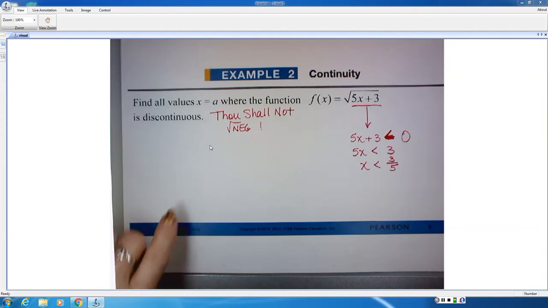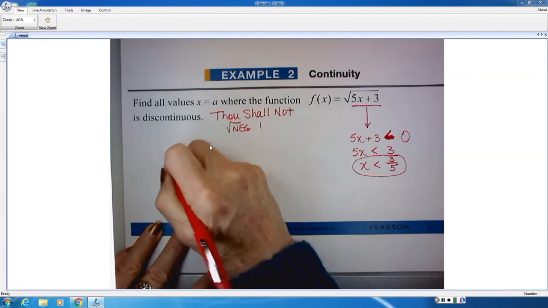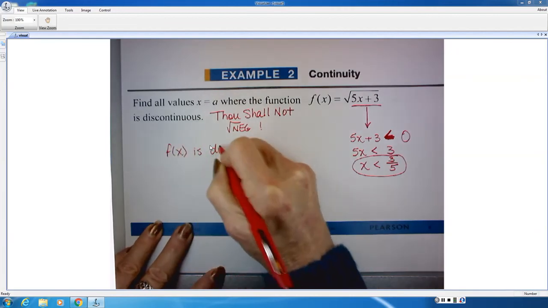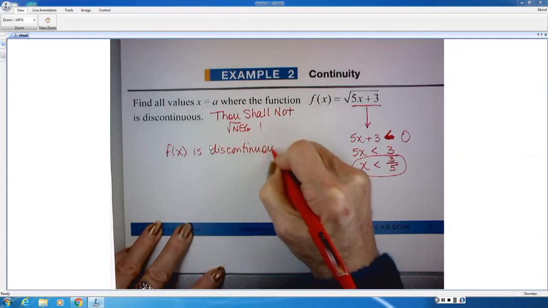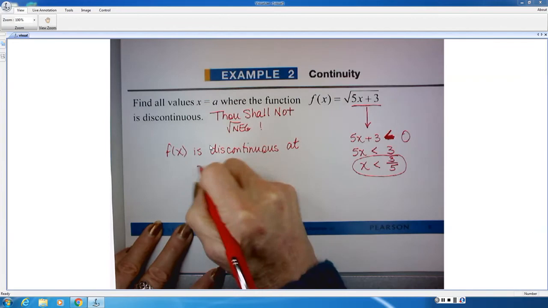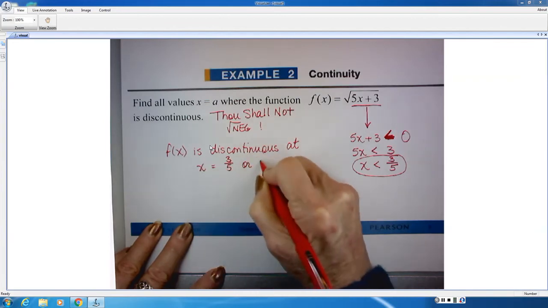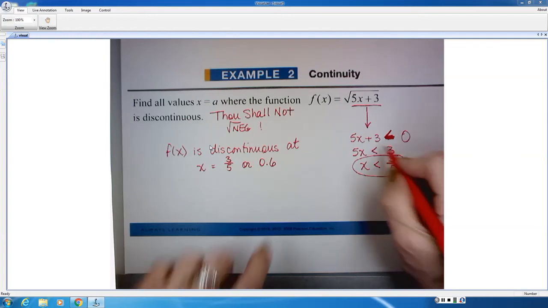So this function, based upon what we just found, is discontinuous at x equals -3/5. And since we're going to pursue it on the calculator, I'll give you the decimal value of -3/5, that's -0.6. Shouldn't it be -3/5? Ah, yes, it should be. Thank you, thank you, thank you.